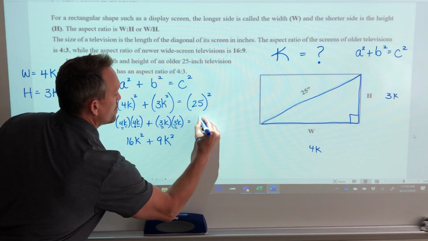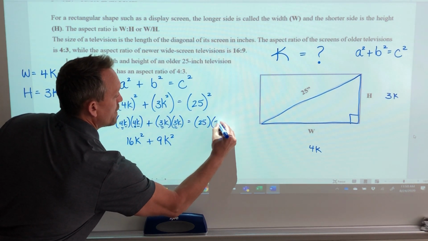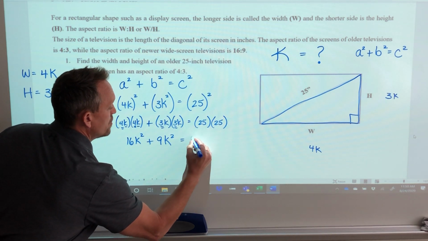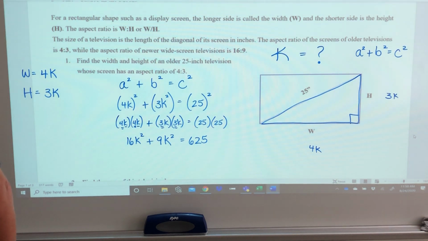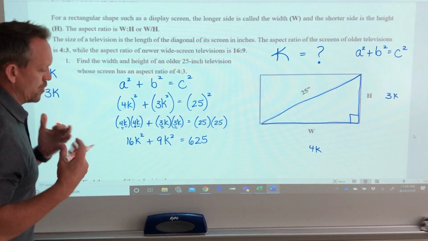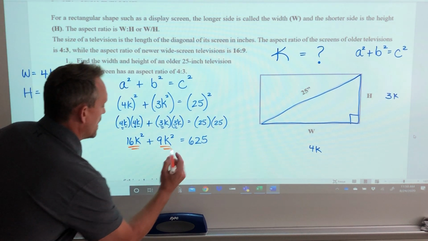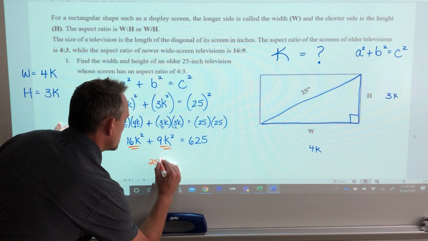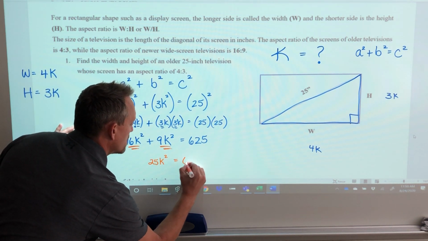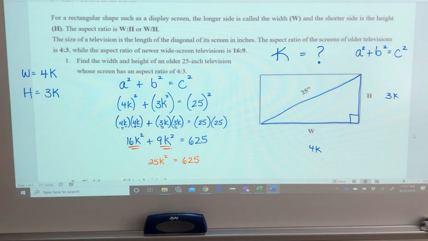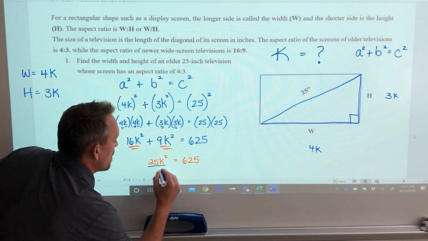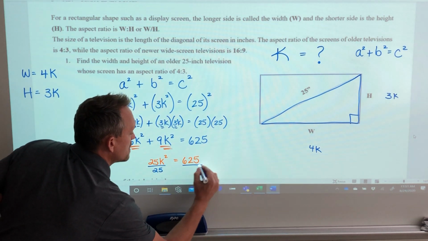And this is equal to 25 times 25, which is equal to 625. 25 times 25 should be 625. From there, just like normal, solving equations, combine like terms, and solve. So we have to divide both sides.